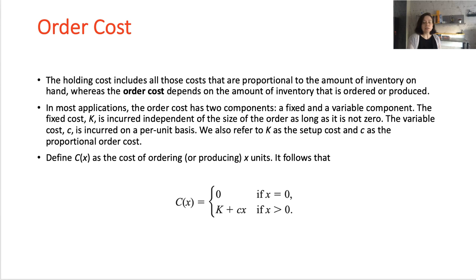And here is the formulation for the order cost. If the order quantity is 0, it is 0. If the order quantity is greater than 0, then we have an order cost of K plus Cx, and x is the number of items that we order or produce.